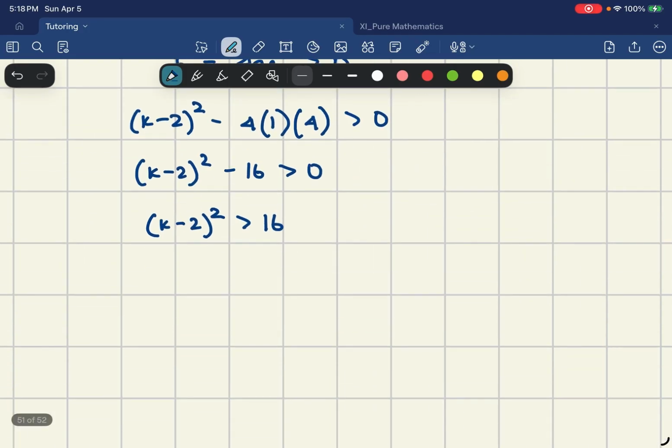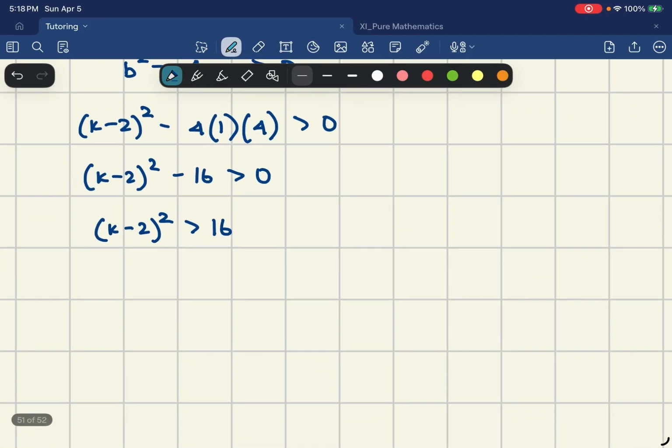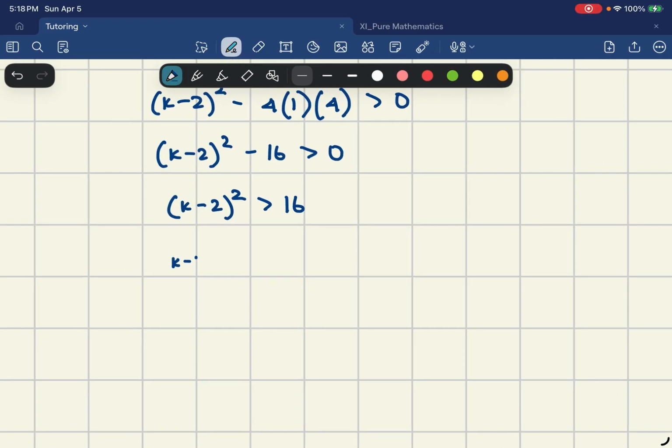Now there is something that you need to be careful about. So what are possible values of k minus 2? If k minus 2 is bigger than 4, right? Then k minus 2 is positive.